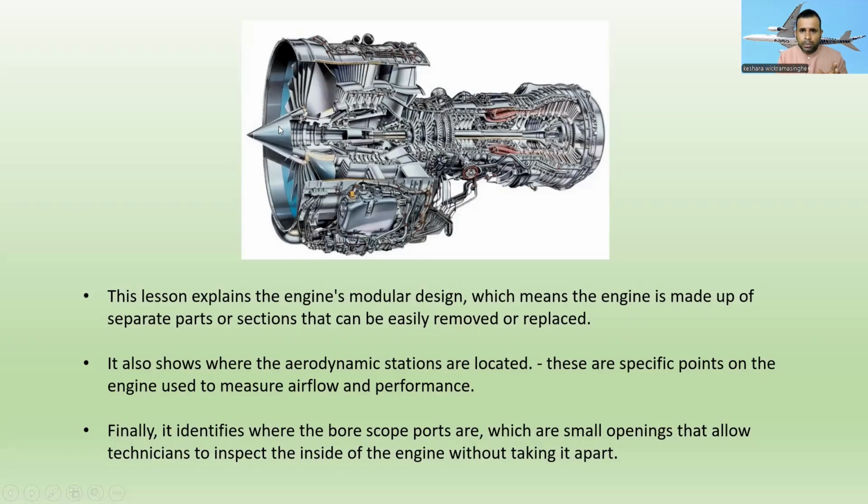It also shows where the aerodynamic stations are located. Later in this lesson, you will learn what the aerodynamic stations are. These are specific points on the engine used to measure airflow and performance.